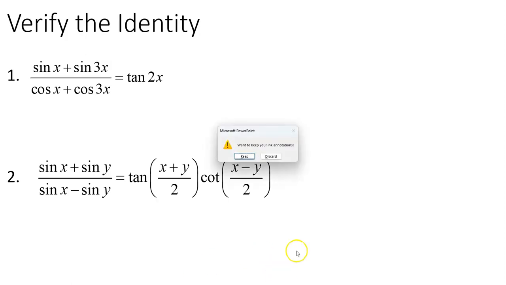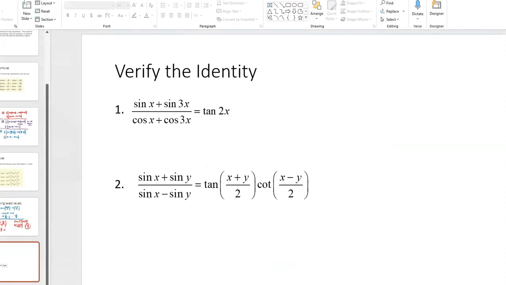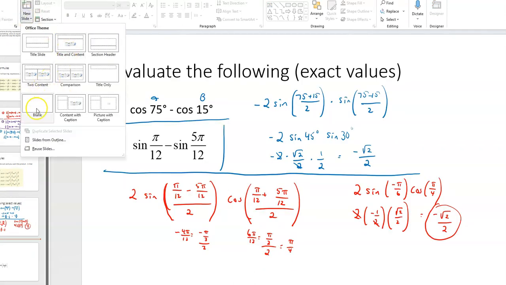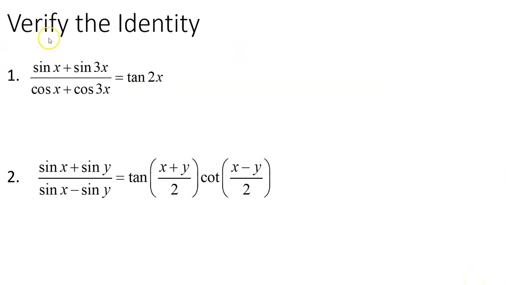So I'm just going to insert a slide here and rock on. So the numerator was the sine of x plus the sine of 3x.